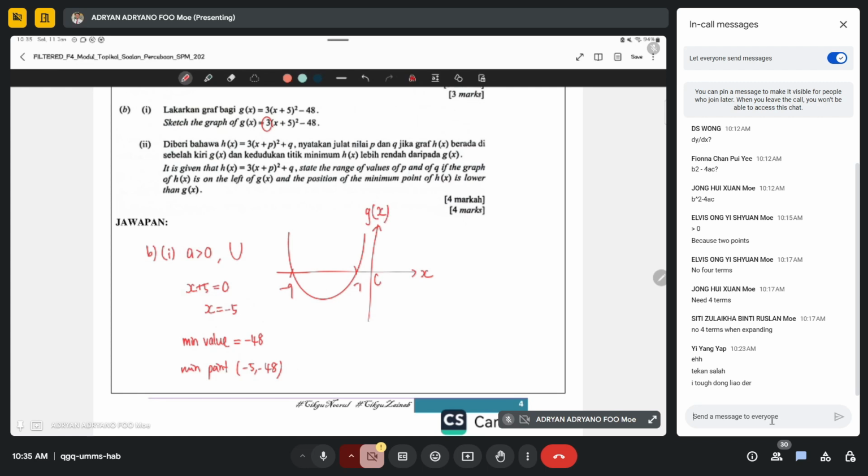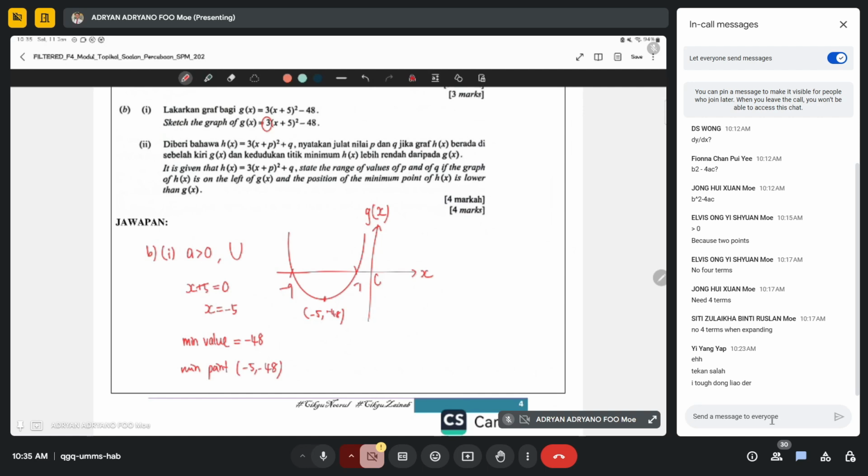Avoid putting y. y is for linear law. But for now, for a function, I suggest your y-axis you put the function itself. And then you label here negative 5, negative 48. Like that. So when you sketch a graph, following these steps is no problem. First find its roots, having found the roots determine the shape, determine the minimum or maximum point.